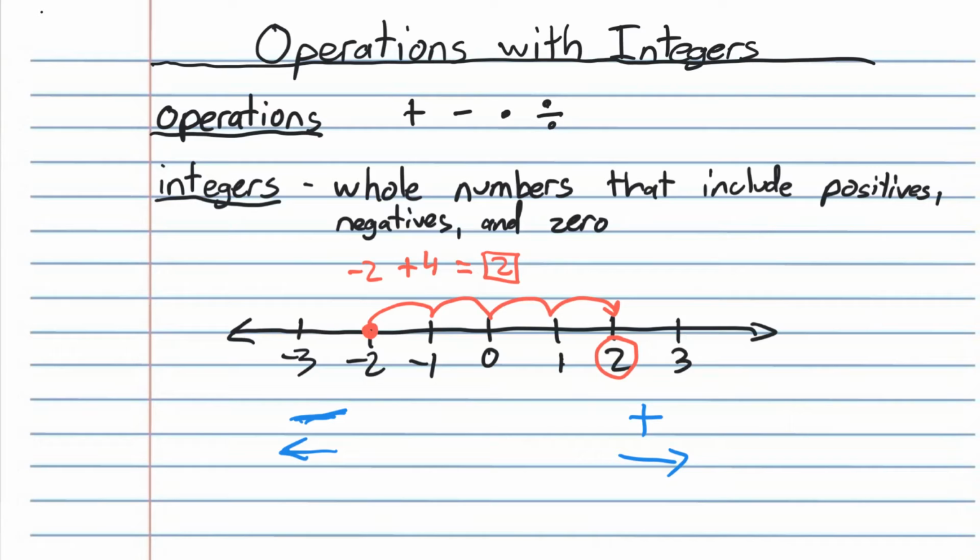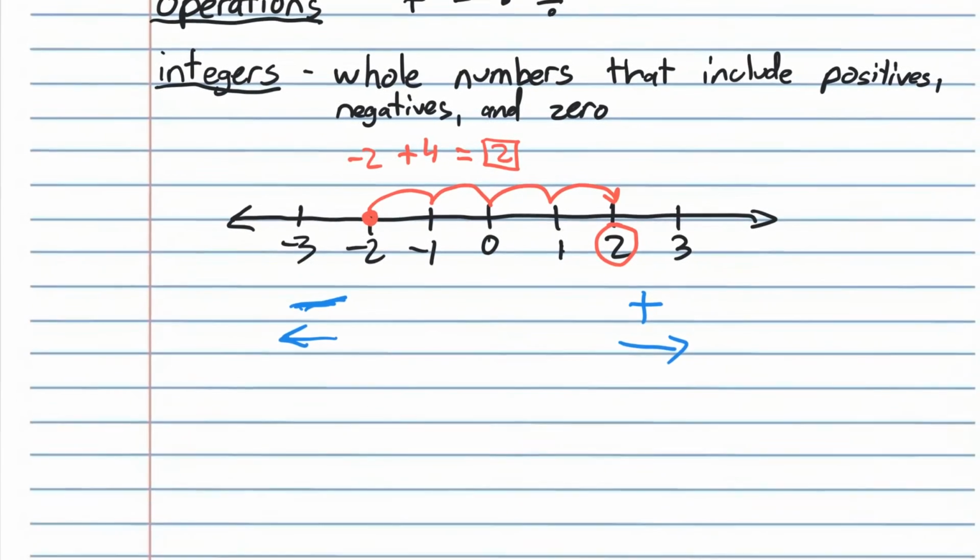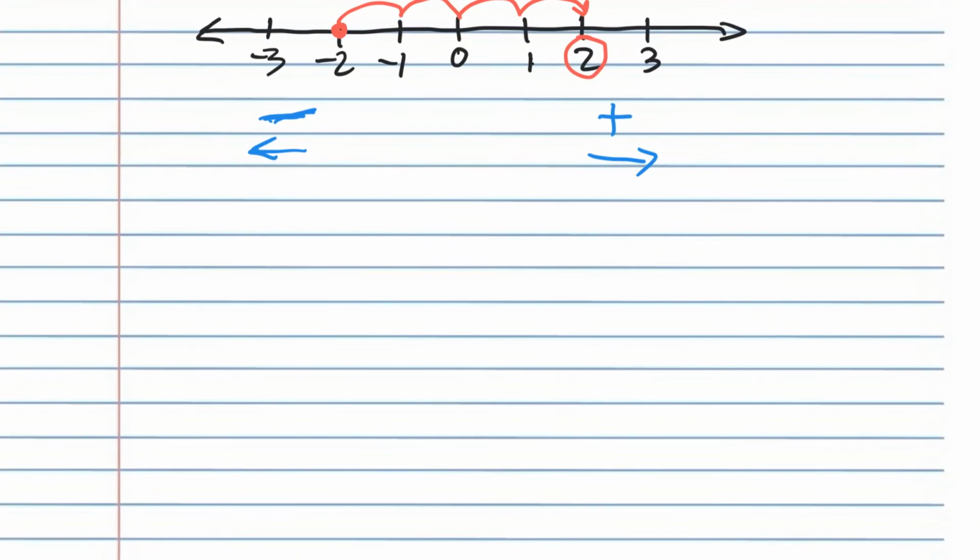Okay, that's one way you can kind of just visualize what's going on. Maybe you don't want to draw a number line every single time, that's fine, but you can visualize in your head what's going on. As another example, let me scroll down a little bit. Let's do another one.